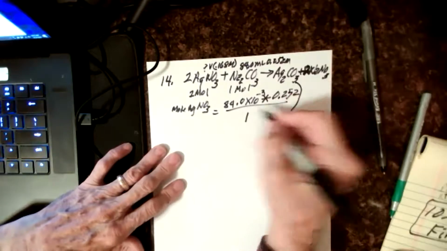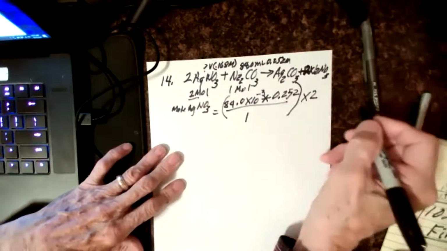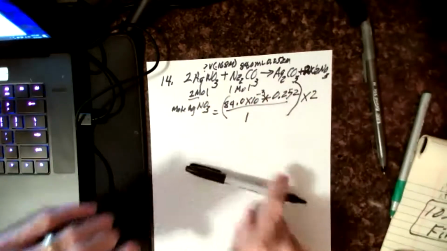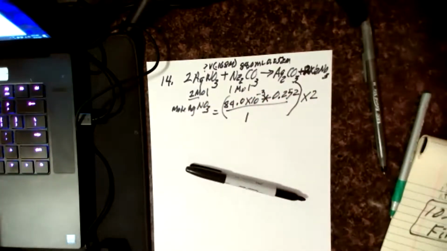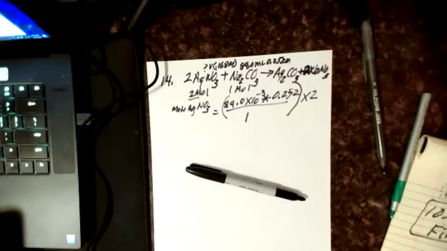Now that's the rebalancing factor, times 2. That's going to give me my moles of silver nitrate that I need. I want to be sure that I'm copying my numbers correctly. So I've got 84 with an exponent of negative 3, and I want to multiply that times the molarity, 0.252.